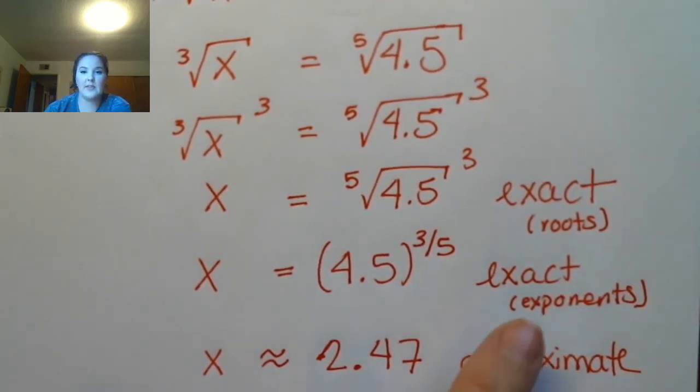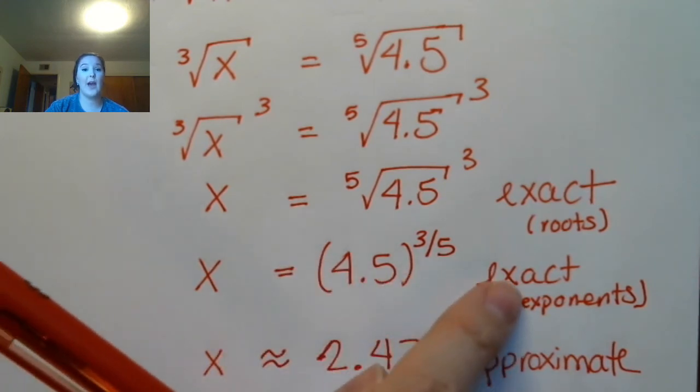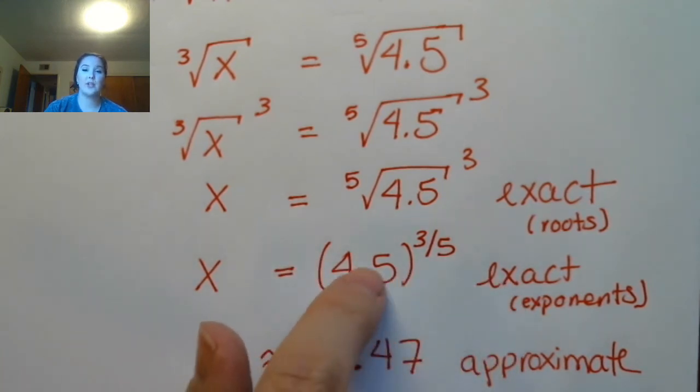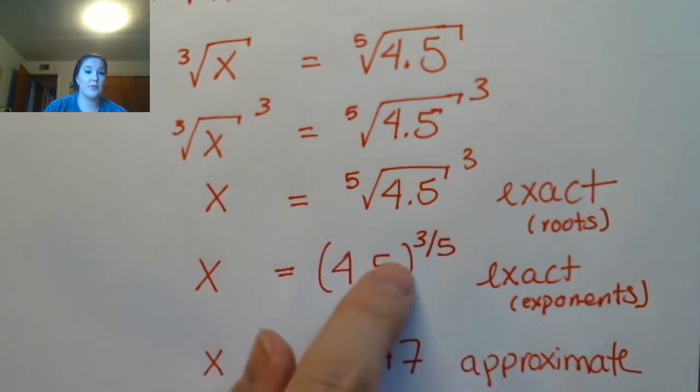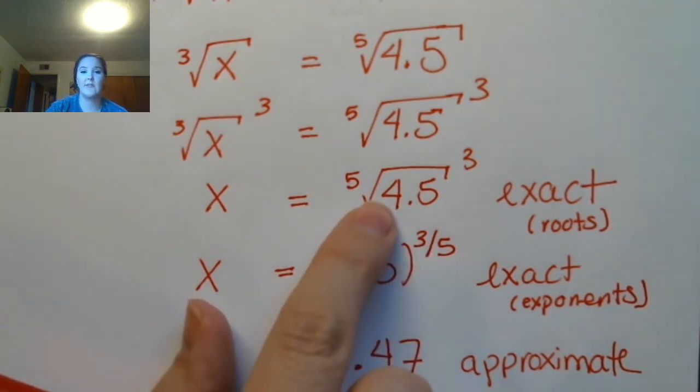Remember, the difference between exact and approximate is not how many decimal places out you copy. You could copy 1,000 decimal places here and it would still be an approximate answer because you have to round at some point. An exact answer is something where you haven't rounded at all, which in this case is only possible if you don't do the fifth root, because this isn't an even fifth power.